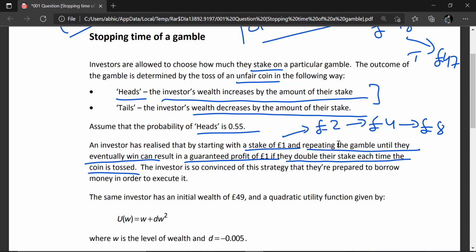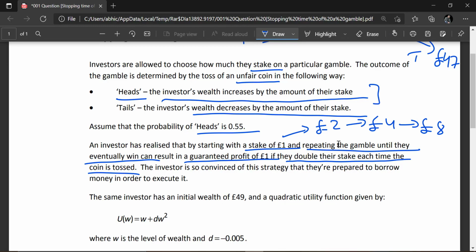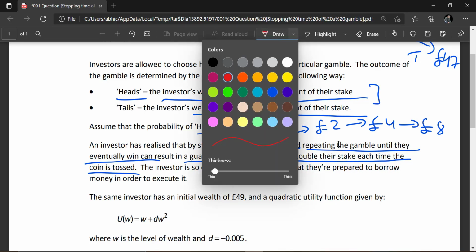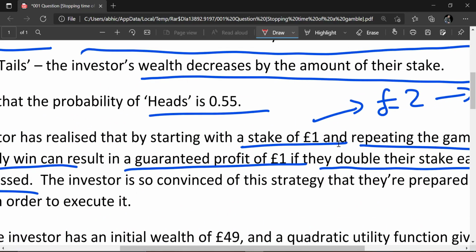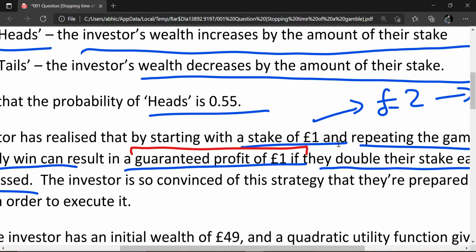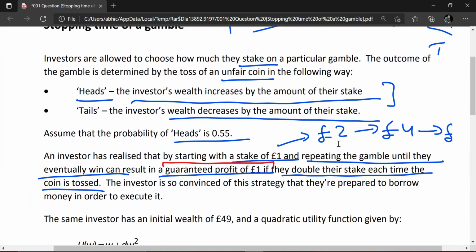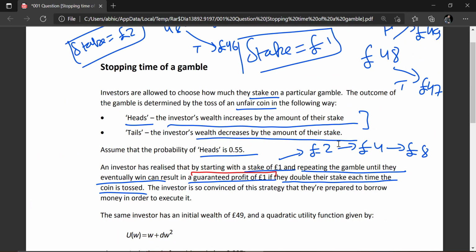And what is the goal that they are trying to reach? The goal is that they want to increase their overall wealth by £1. They want a guaranteed profit of £1, right? So they'll just stop when they get a profit of £1. They'll keep on doing it perpetually, and finally they'll get a guaranteed profit of £1, so their wealth will just increase by £1.